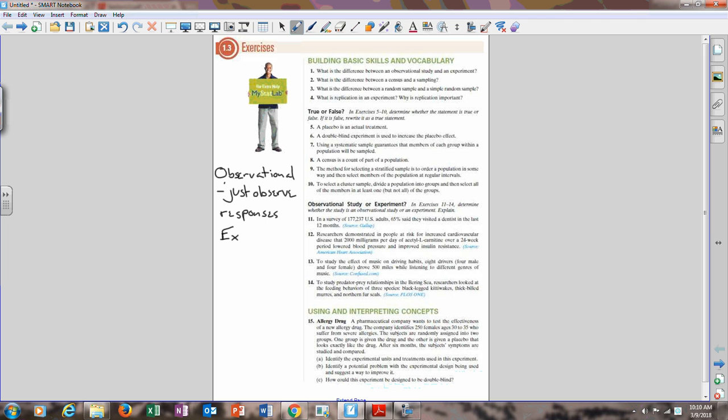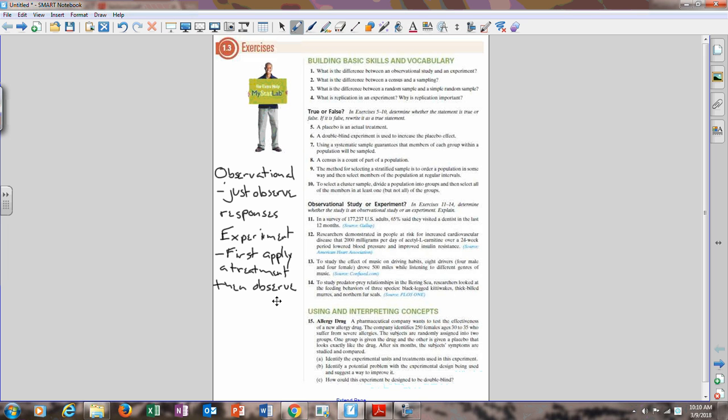In an experiment, you first apply a treatment, then you observe the responses. So in an observational study, we're not actually applying any treatment to it, we're just watching. In an experiment, you apply treatment and then observe.